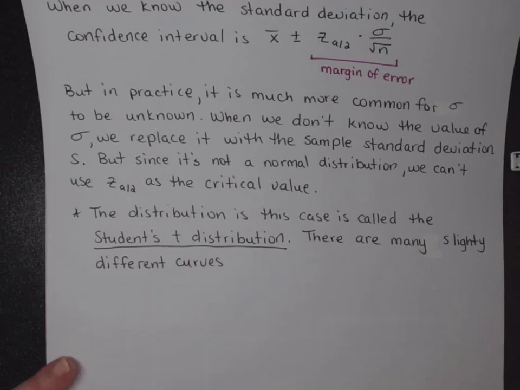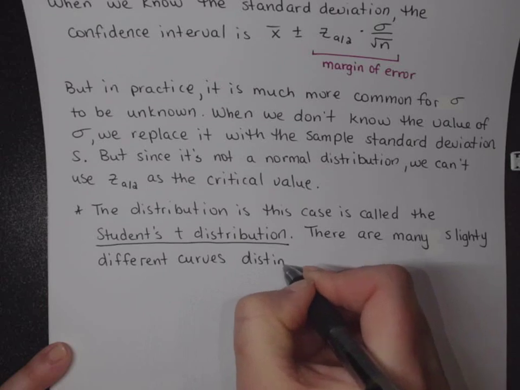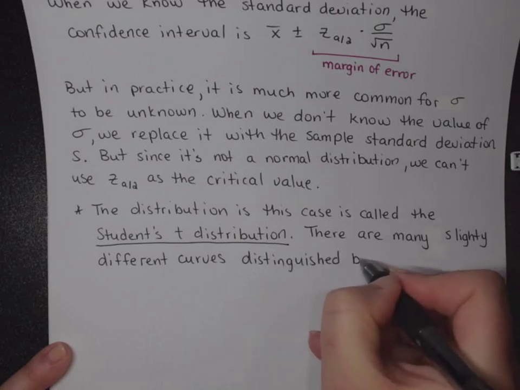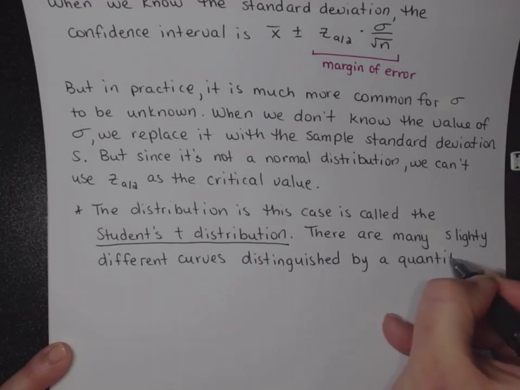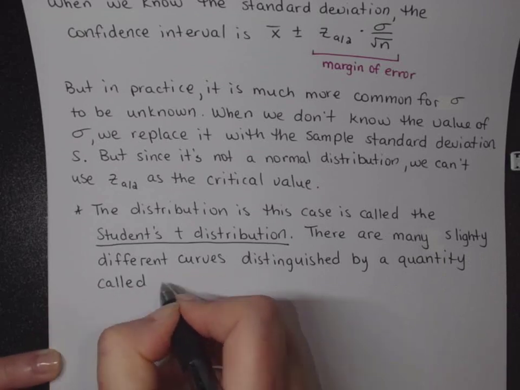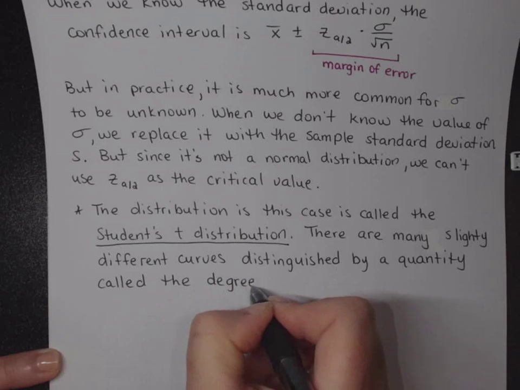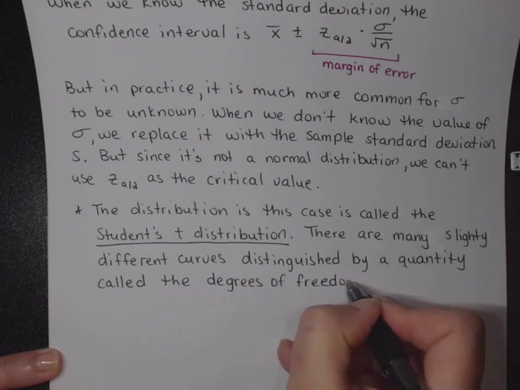So there'll be slightly different curves, and that is going to be distinguished by something that we call degrees of freedom. Sounds all patriotic, right? It's really not. In other words, the degrees of freedom is a quantity that tells you which curve to look at.